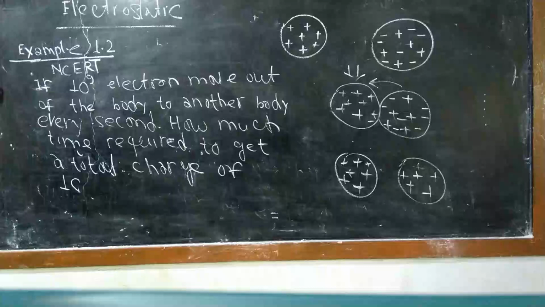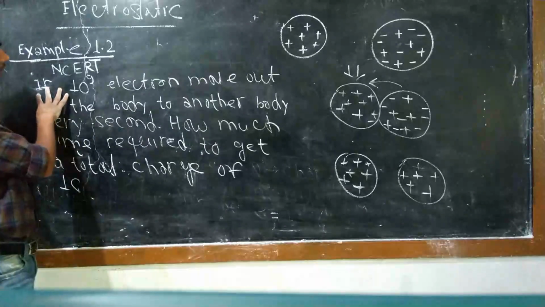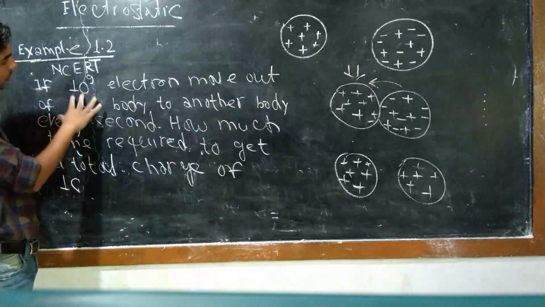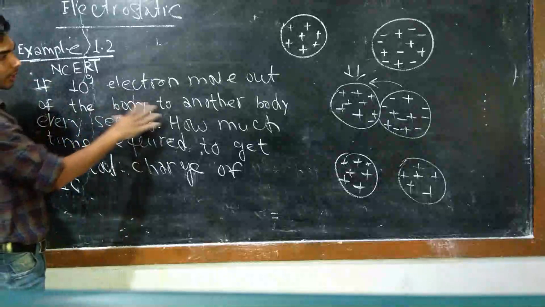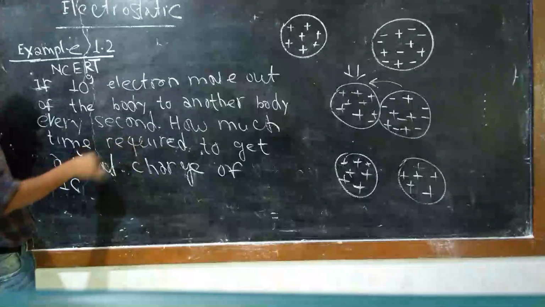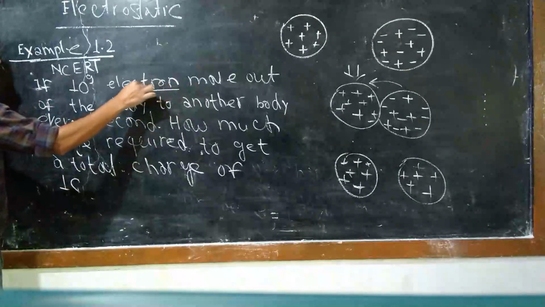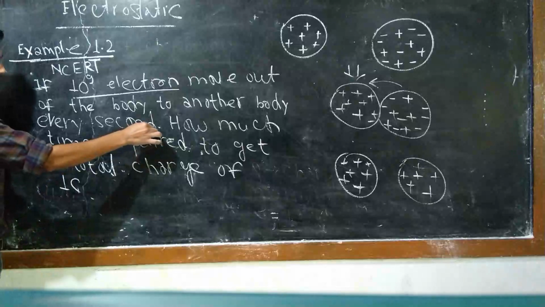Now see the question. The question is: if 10 to the power 9 electrons move out of a body to another body every second, then we can see that this many electrons are going out of a body every second.